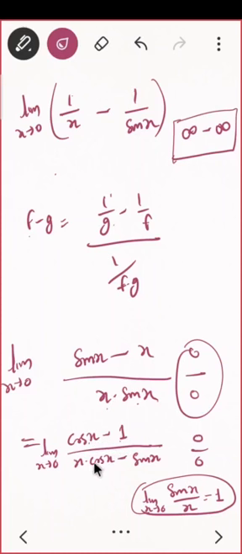Can I do something with this? Do you have any formula of cos in terms of that? No, it is not sin x. It should be sin square or something.